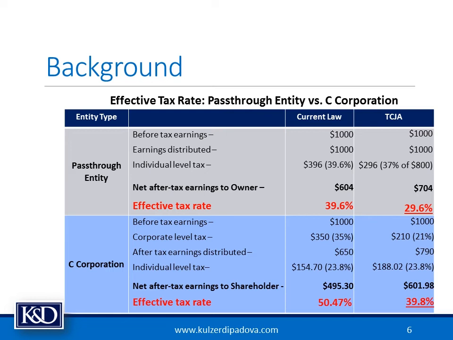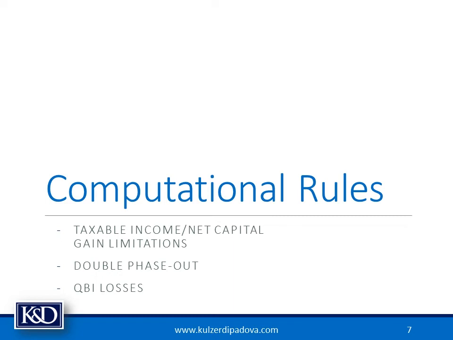The whole reason people set up as pass-throughs was to avoid the double taxation, so the QBI deduction was the answer. If you include a 20% deduction for qualified business income, the top or far right column for pass-through entity, it reduces the effective tax rate to 29.6%. You're back to that 10% spread. So that's why we have the QBI deduction.